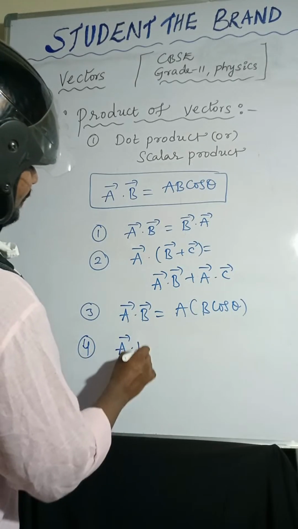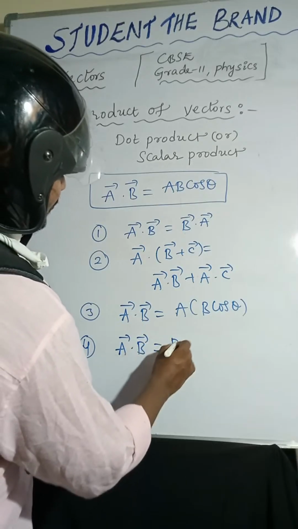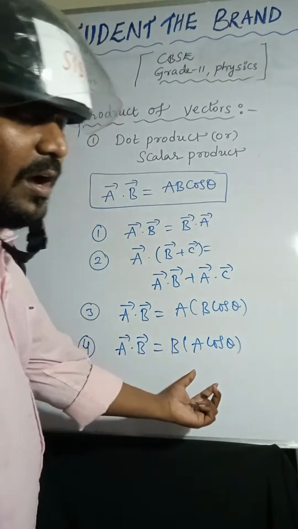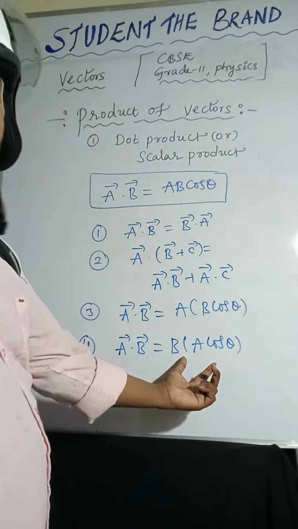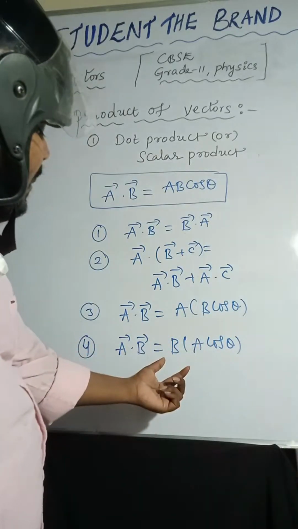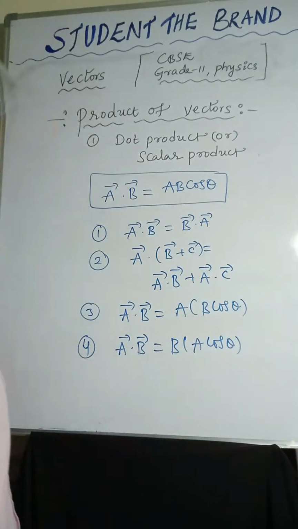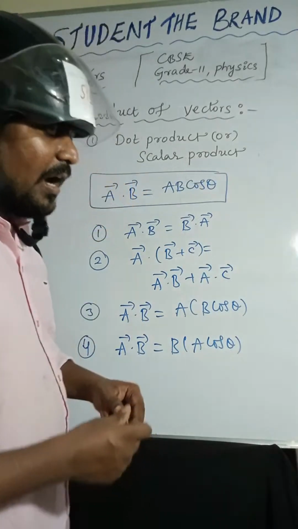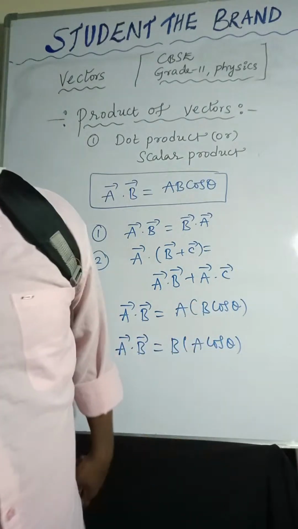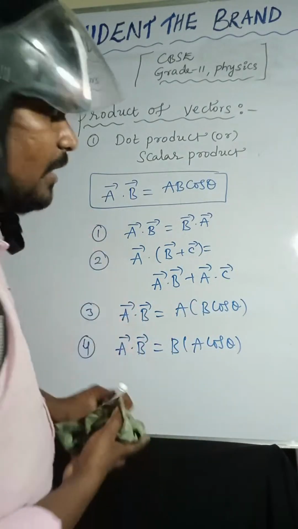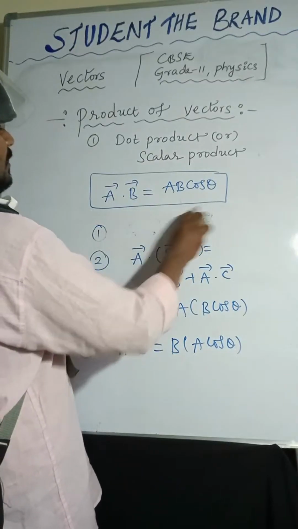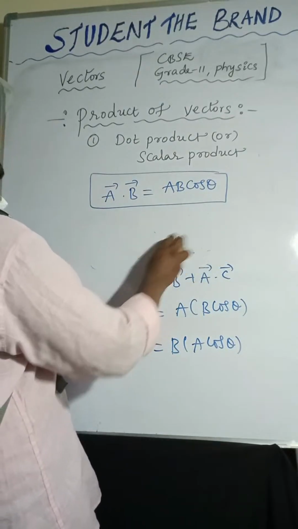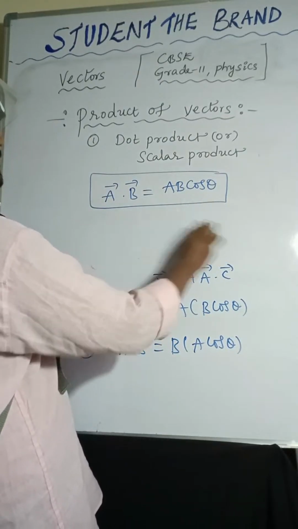A bar dot B bar can also be B into A cos theta, where A cos theta is the component of A bar along the vector B bar. Now A bar dot B bar for orthogonal vectors along the x-axis, y-axis, z-axis we will discuss.